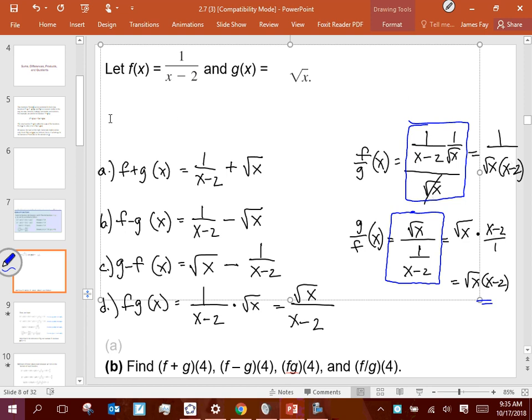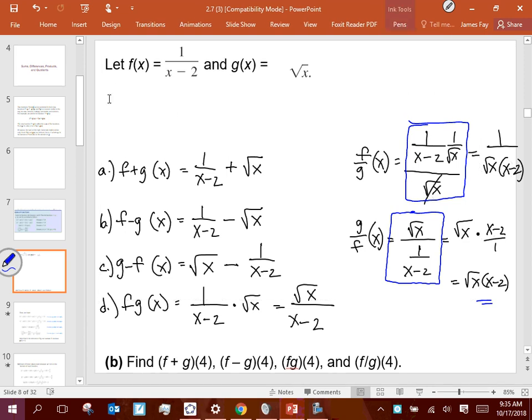They said the domain of f, they let that be, they call it A, right? Does that make sense?